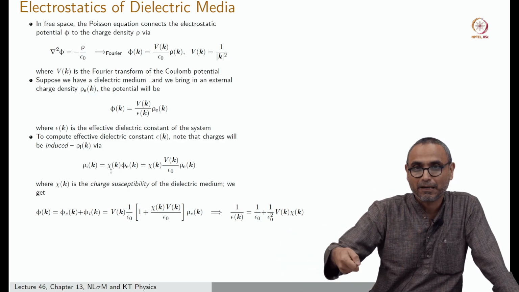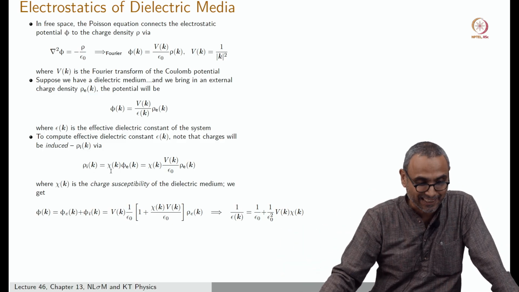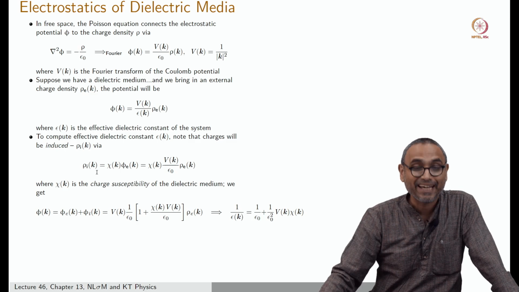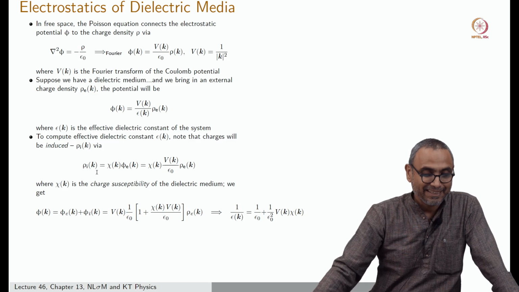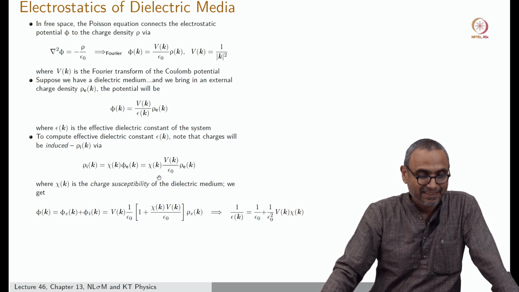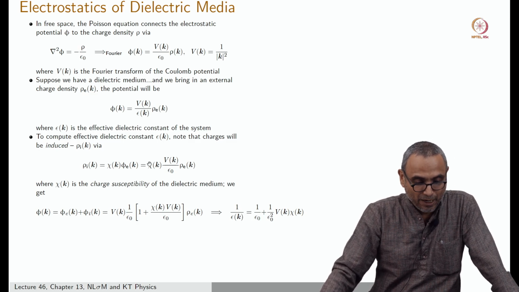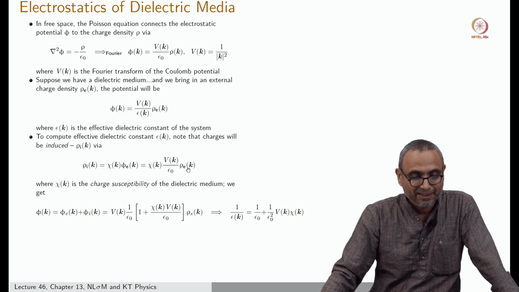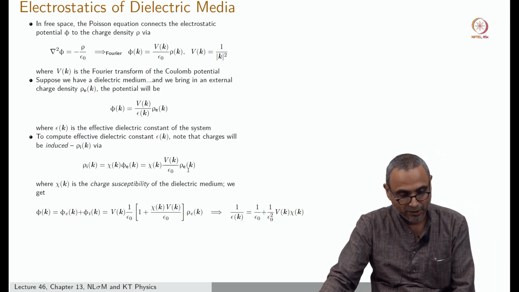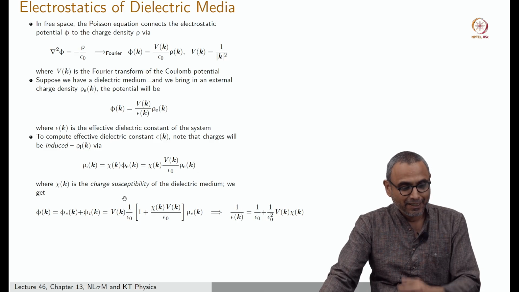If there is an external potential, it will produce an induced charge rho I in the dielectric. And I am now connecting the external potential to the charge that we have brought in externally, and that is just the Coulomb kernel divided by epsilon naught times rho e.